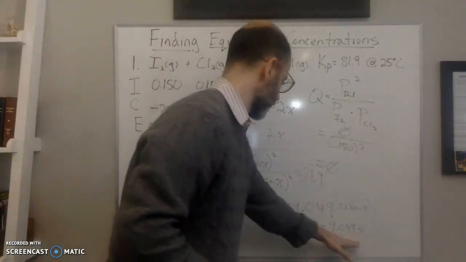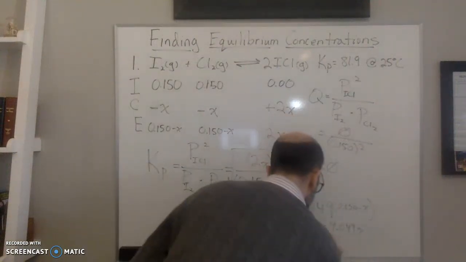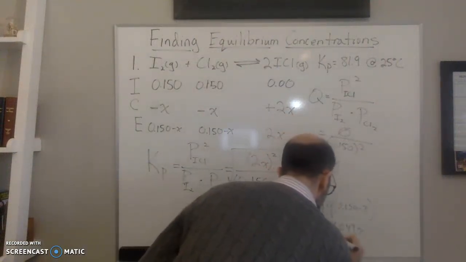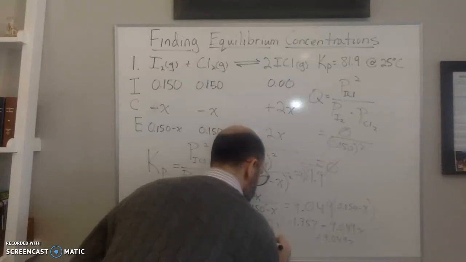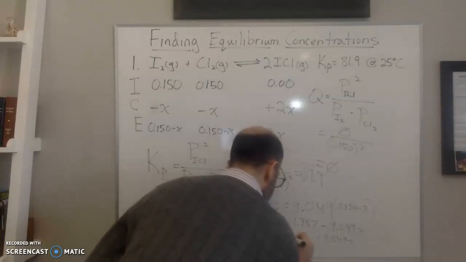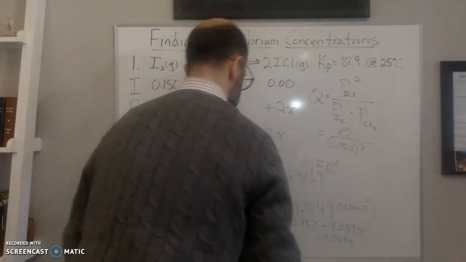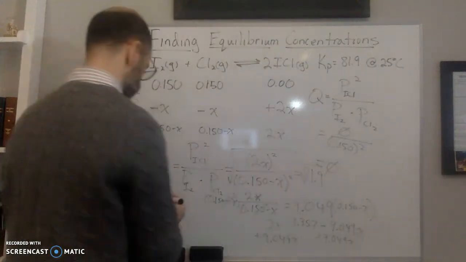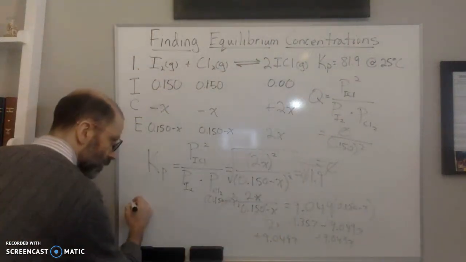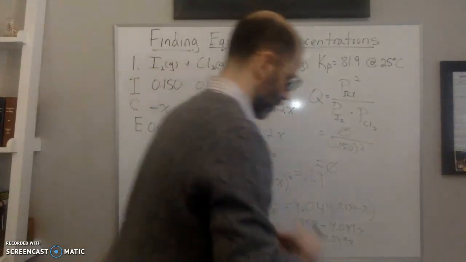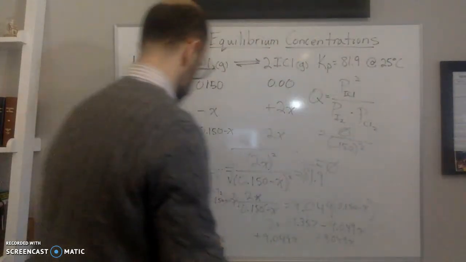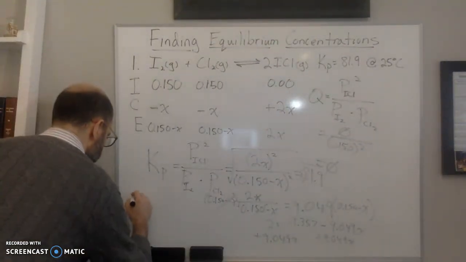So then you're going to add 9.049x to both sides. And so you add these together. If we add these together, that's going to be 11. Let me get another marker. This one's going. So we have 11.